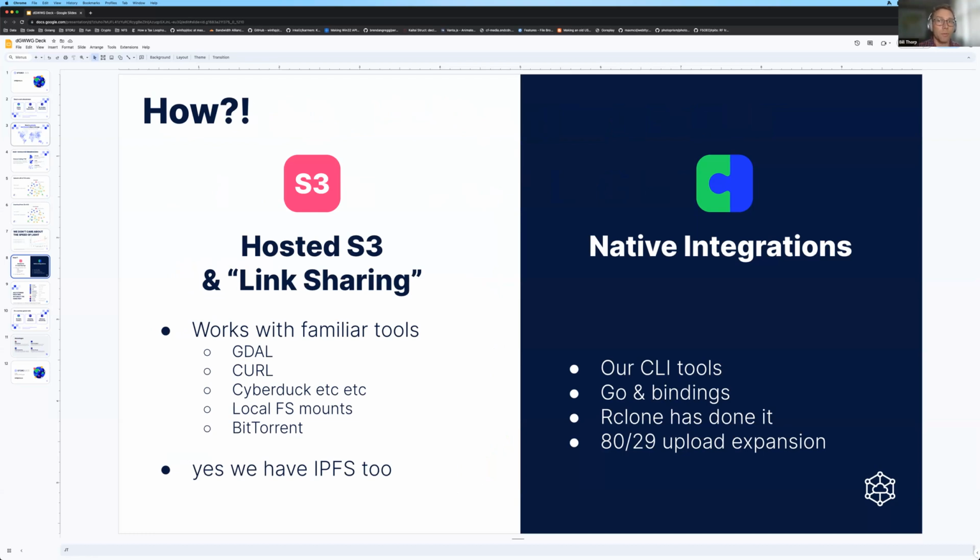So you should be able to just point to an HTTP website. If you use curl, or any remote file system browser tools like Cyberduck, you can use it with this S3 compatibility layer. You can create a local file system mount if you're more comfortable with dragging and dropping the files locally. You can also point BitTorrent at HTTP endpoints.